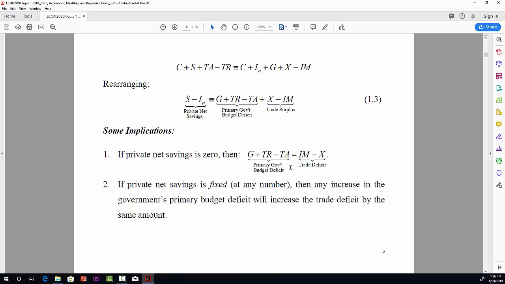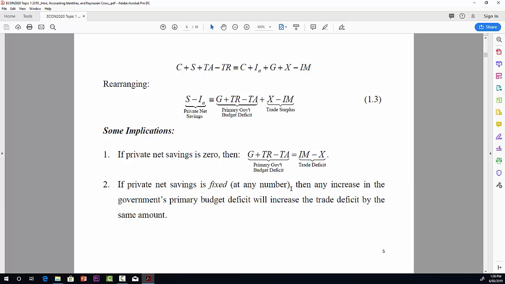Now, actually, this is a little more general. Suppose that private net savings is fixed at any number. Could be 0, could be 100, could be any number.